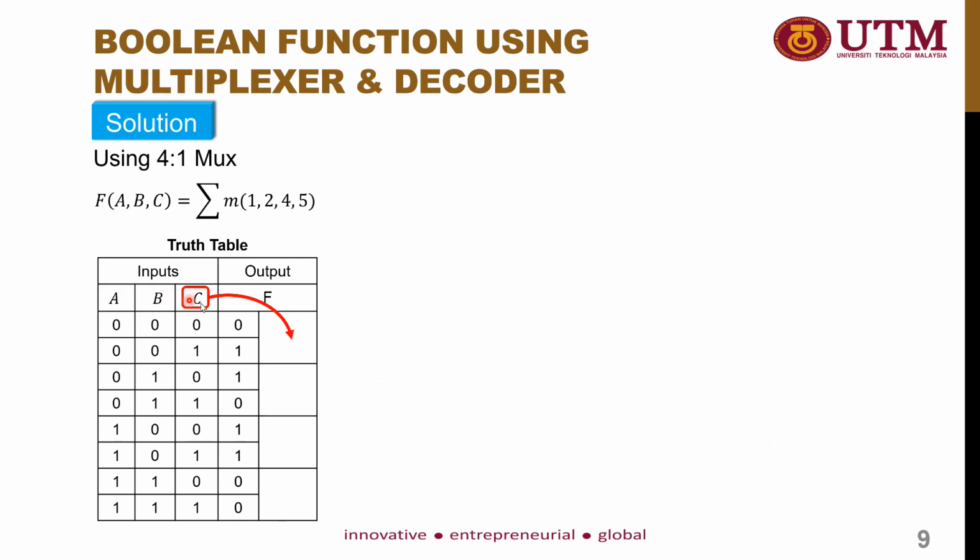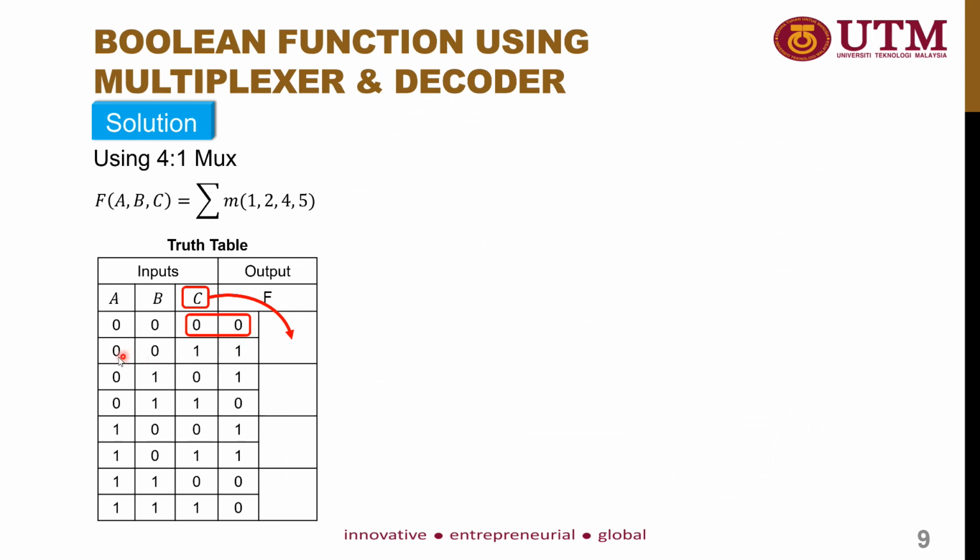In order to insert the element of C inside the output, you need to compare the input C with the output F when the values of A and B are the same. For the first example, when A and B are equal to 0, C is equal to 0 and F is also equal to 0.